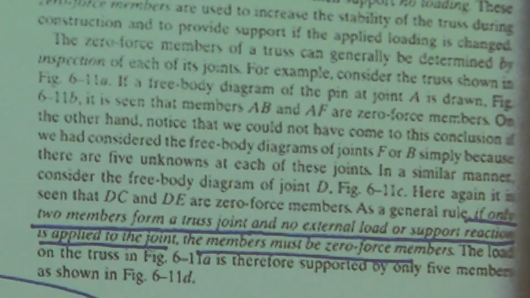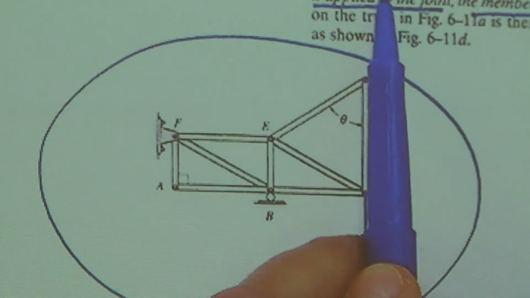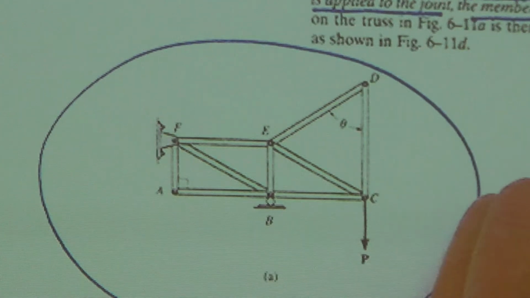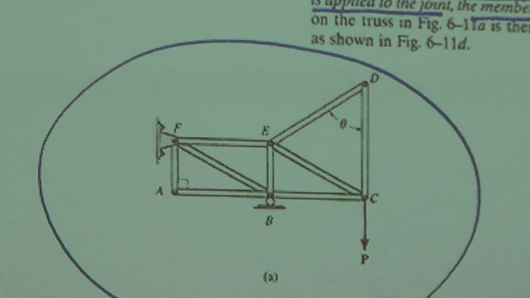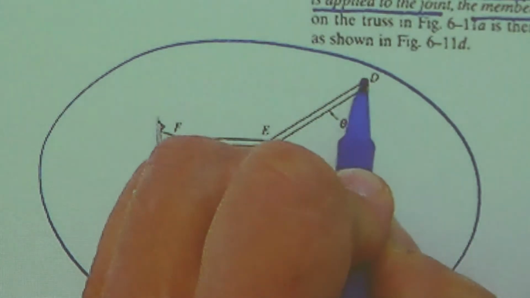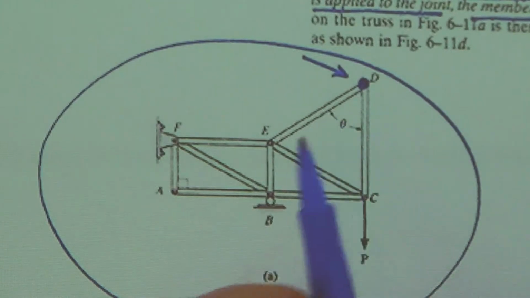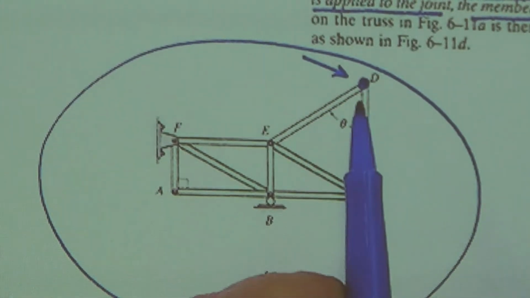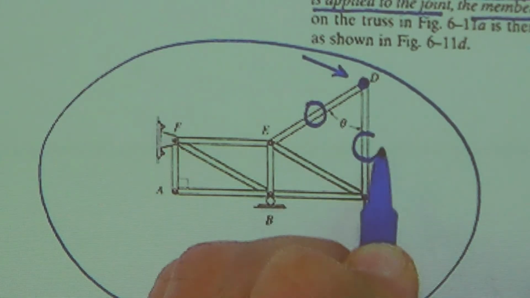So looking at this truss right here, is there a joint where two members come together and there is no external load or support at the joint? Do you see a point? D. This right here, point D, follows that rule. Two members are coming together, there's no external force, and there's no support there. It means that these two guys are zero.